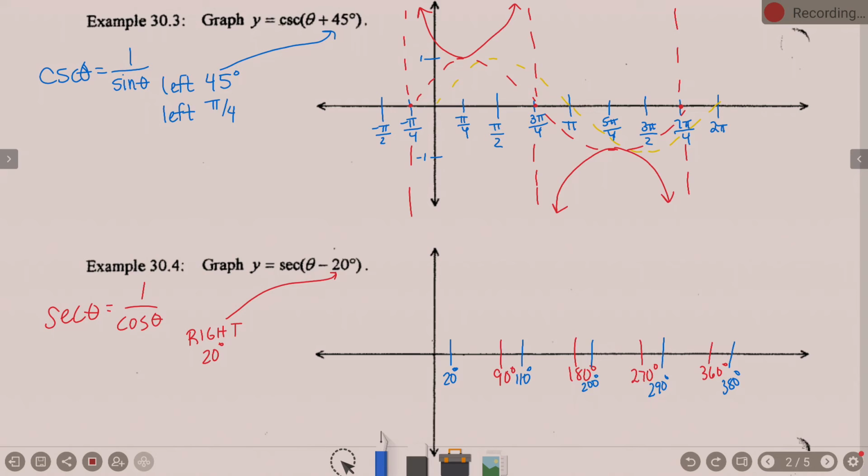Okay. What basic graph am I graphing here? Cosine. So if I'm graphing cosine, normally, oh, I didn't put my -1 and 1 in there, did I? I am guilty of that. So, I will remember later, but okay, normally we'd start above 1, or at 0, 1. Now I'm going to start above 20. I want to cross through 110.